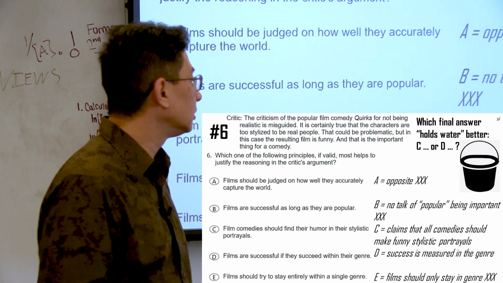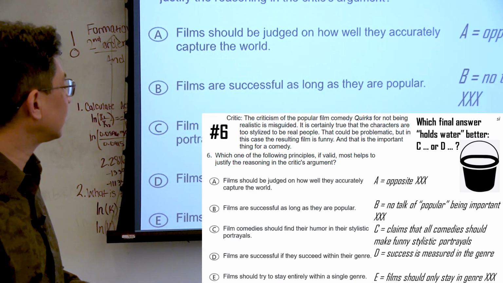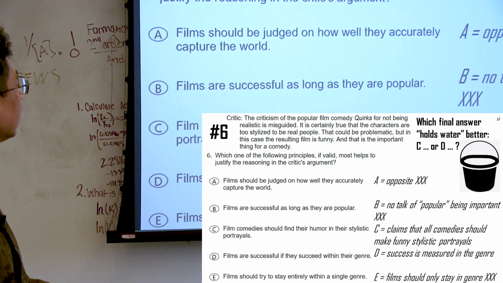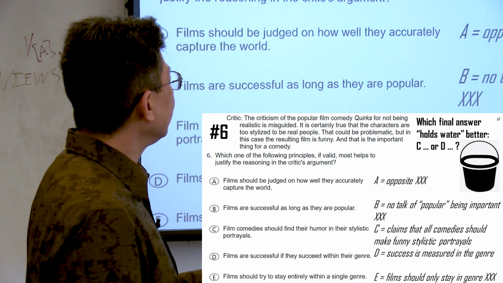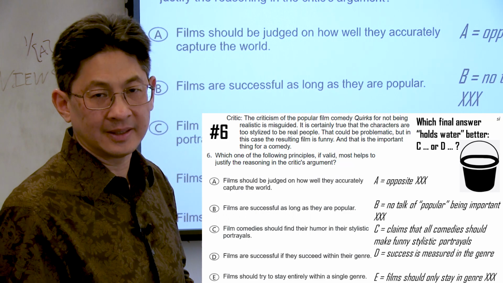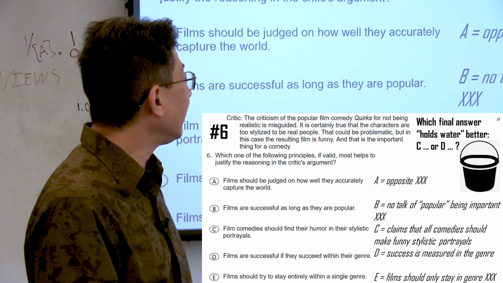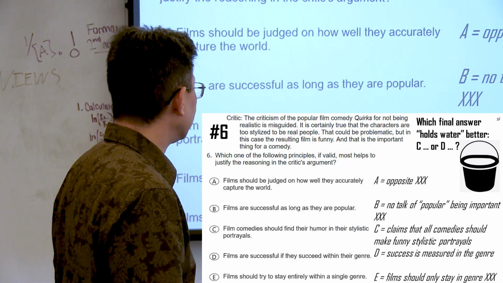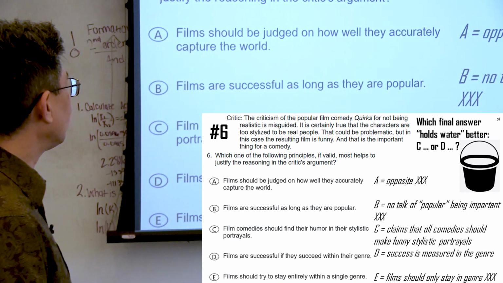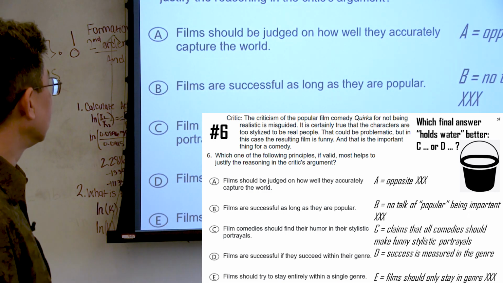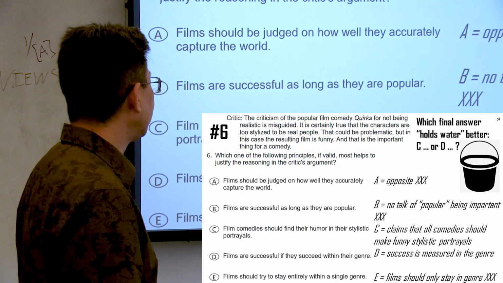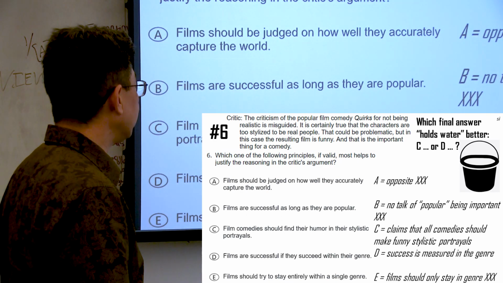So A is wrong. B says films are successful as long as they are popular. Well, there's not really this talk of popular. They talked about the film being funny and that being important. They did not talk about it being popular as being important. So B is incorrect. How about C? Film comedies should find their humor in their stylistic portrayals.